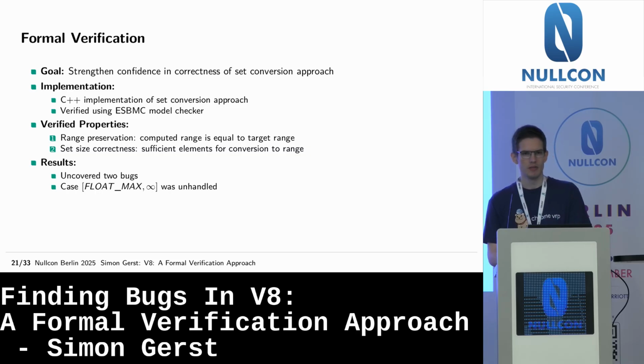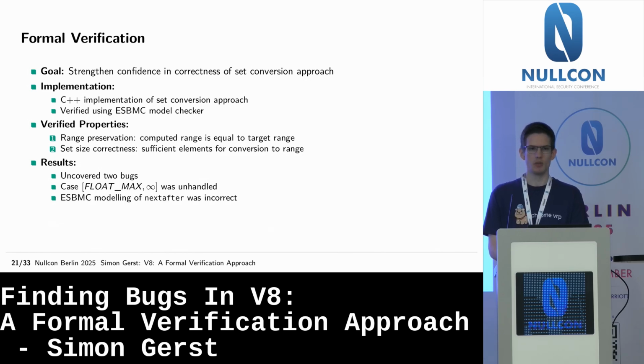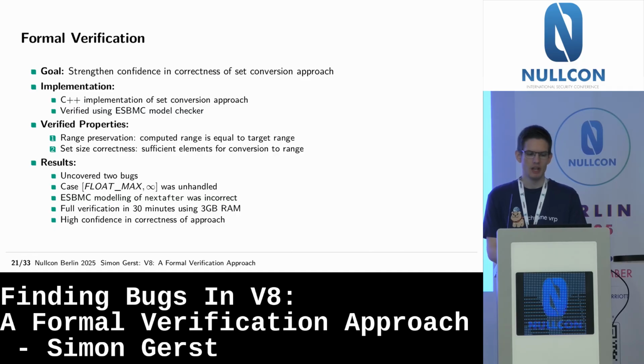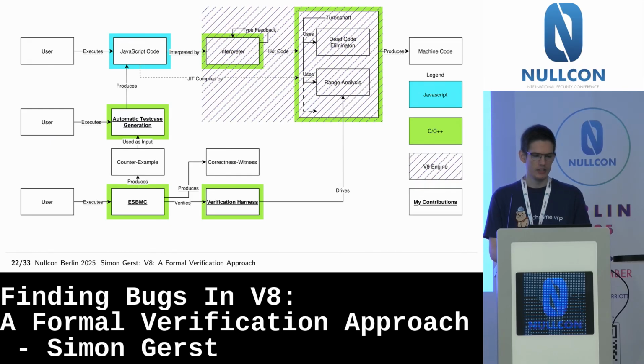I forgot to handle a case with infinities, and also ESBMC's modeling of a specific floating point function was incorrect. And yeah, full verification takes a bit of time, but now I'm confident that my approach can handle every edge case. And this allows us to get full circle.